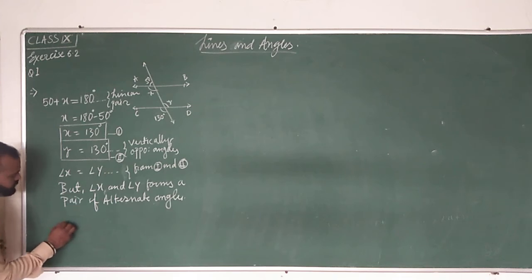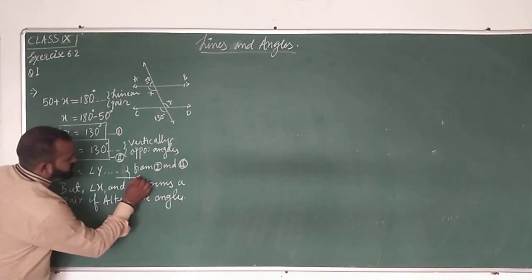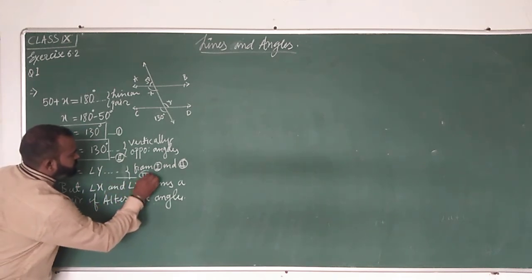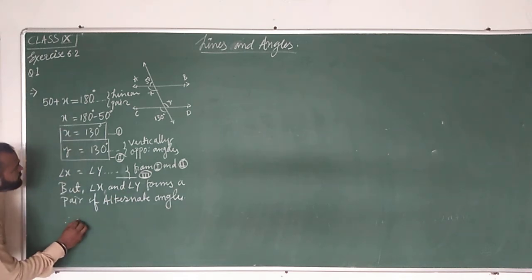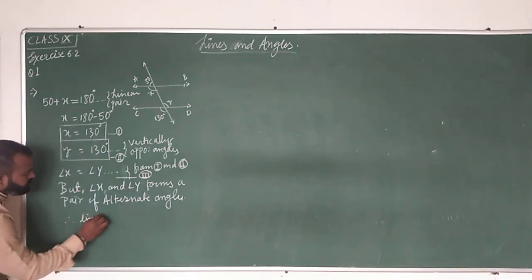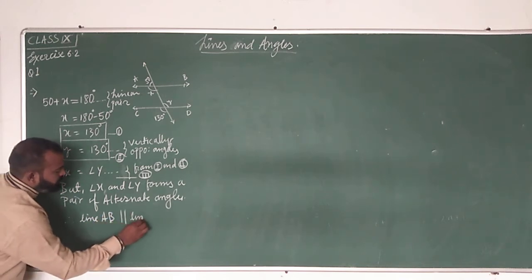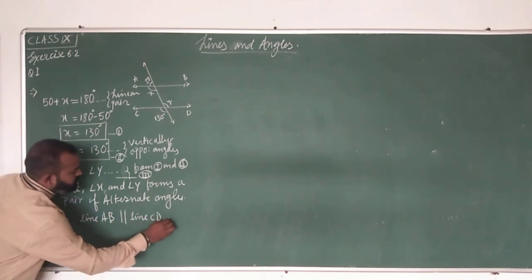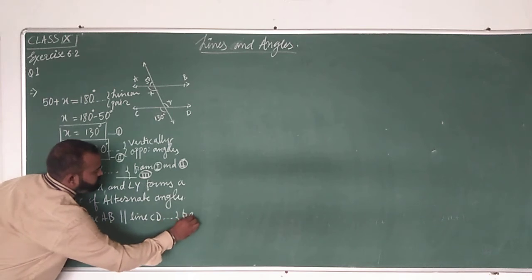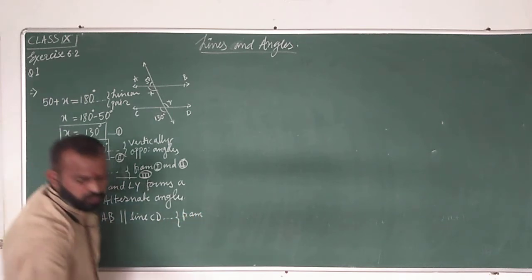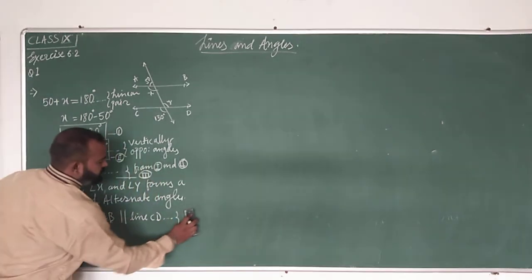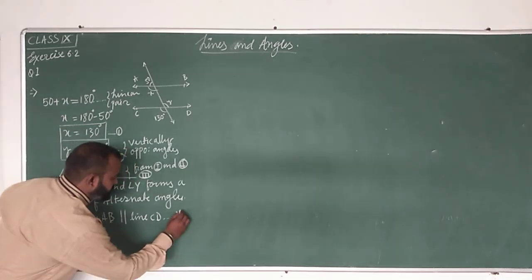So we can call this equation number 3, if you want. Therefore, line AB is parallel to line CD. Why? We can write from 3, or from the converse of the alternate angle theorem.